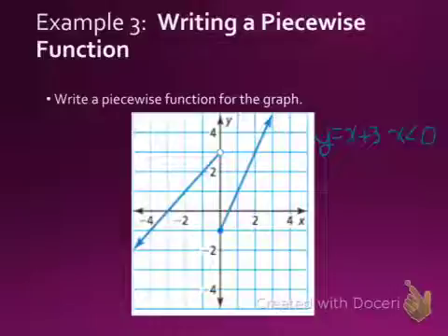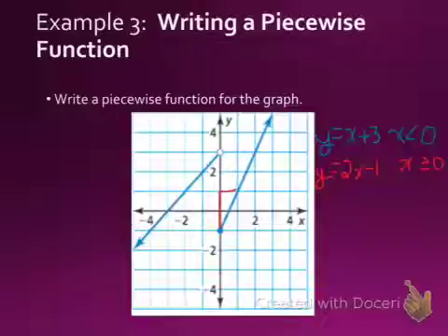Now what about the right part of the equation? This is for x greater than or equal to 0. Well, again, we're just going to write that equation. y equals, what's my slope? A rise of 2, run of 1. So we've got 2x, and it crosses the y-axis at negative 1. So minus 1.